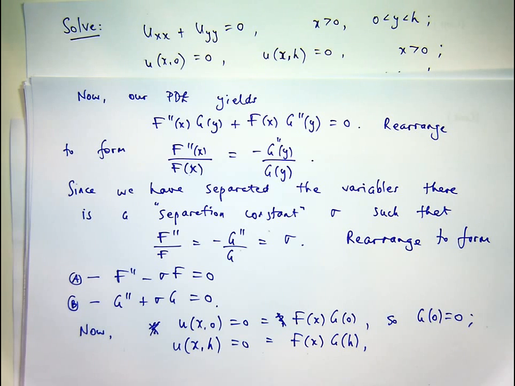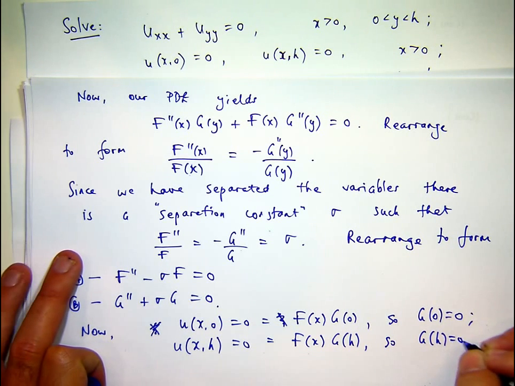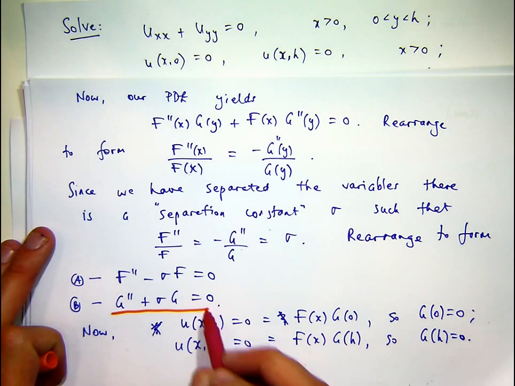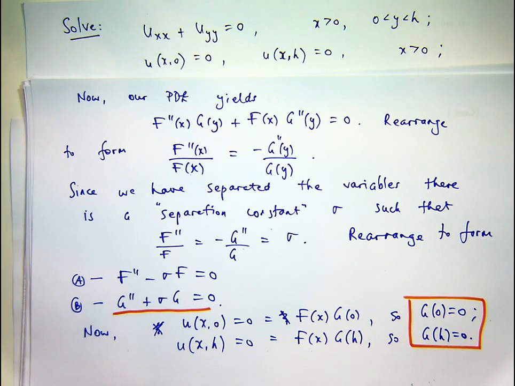Now, if big F is 0, the product F times G is 0, so that's trivial. So we will conclude that this is our condition. So what we're going to do is solve this subject to the two simplified boundary conditions involving big G.